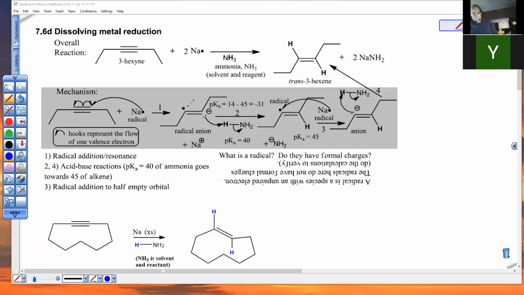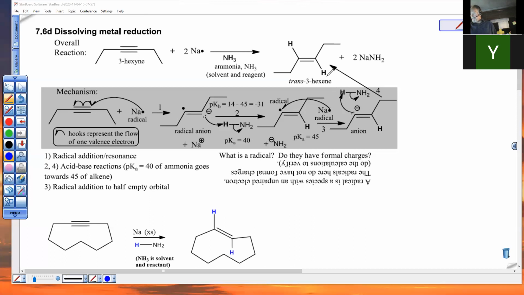And what happens here is this is one of your ammonia molecules right here doing an acid-base step. And here is the radical becoming what? You're giving a radical a new electron, so it's going to be a pair, isn't it? Haven't we seen a pair of electrons? That's an anion.